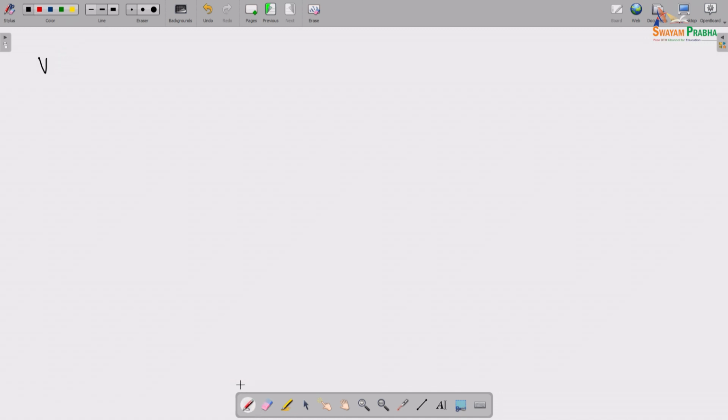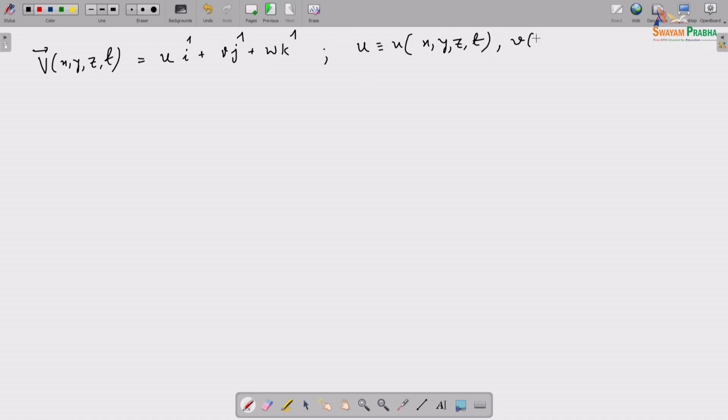So I could have a velocity like this, where all the components are functions of space and time.